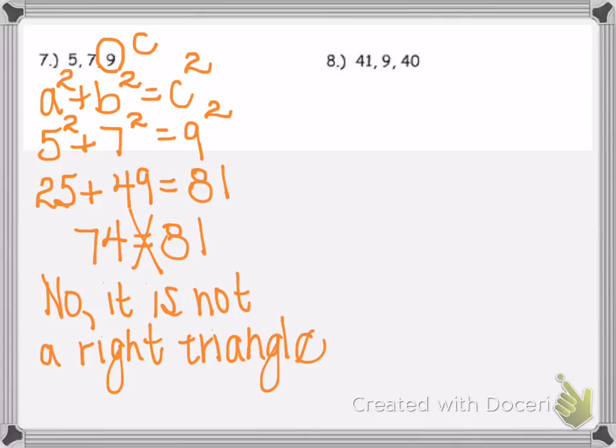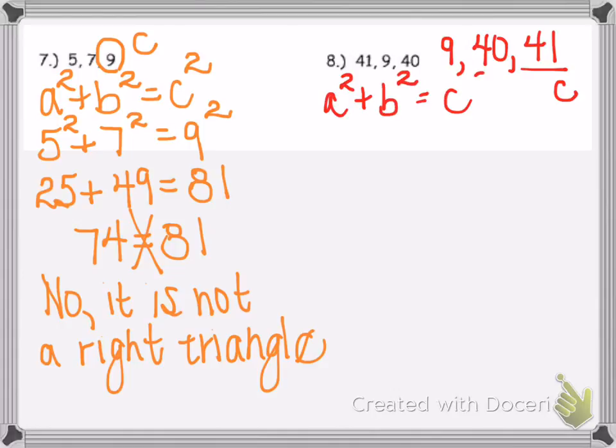Taking a look at example 8, the lengths of the sides are not in least to greatest form. So I'm going to go ahead and list them from least to greatest because I need to know which one needs to be my C value, which happens to be 41. Plugging into the Pythagorean theorem, and yes, I'm writing it every single time. It helps commit it to memory.